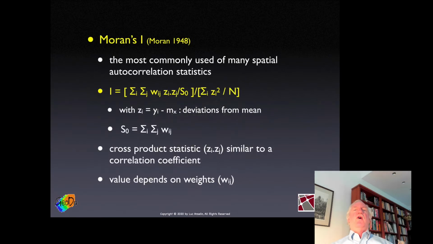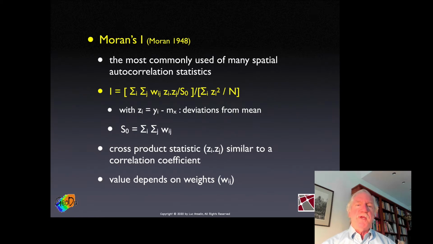Moran's I has been around since 1948. It's arguably, as I mentioned, the most commonly used spatial autocorrelation statistic. Most people, if they know something about spatial autocorrelation, know Moran's I. And it's popular because it looks a lot like a Pearson correlation coefficient, but that doesn't mean it has to be interpreted as such.